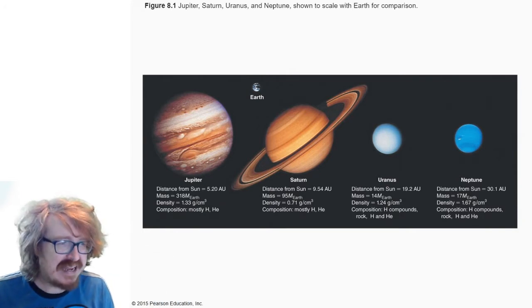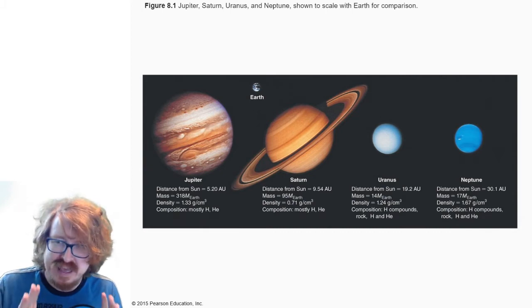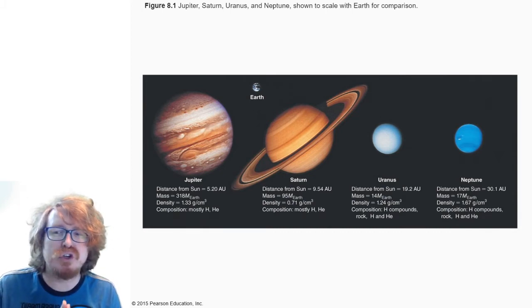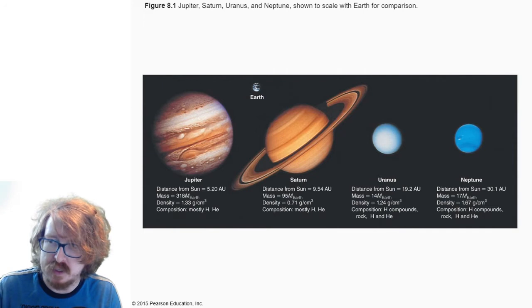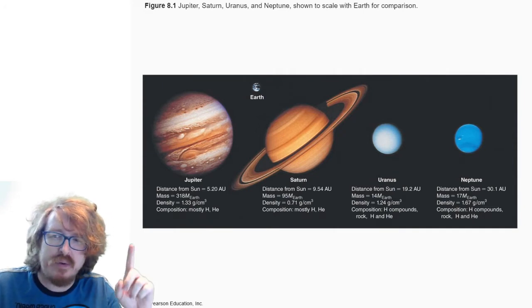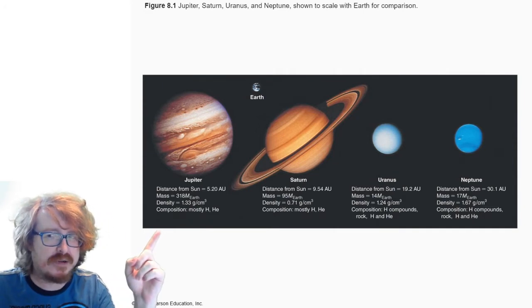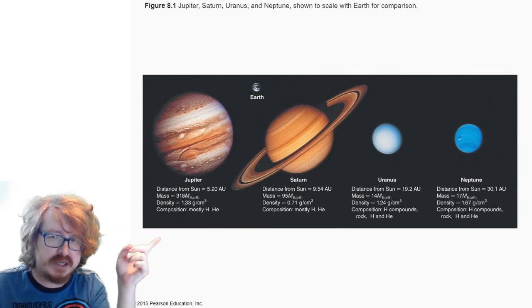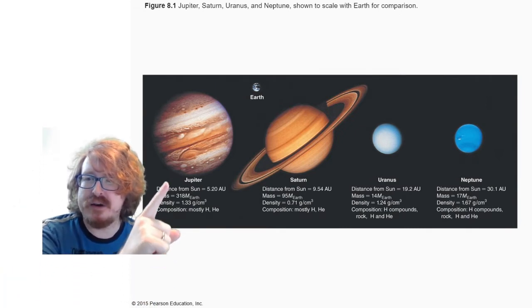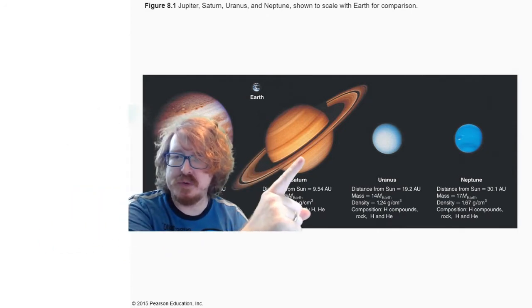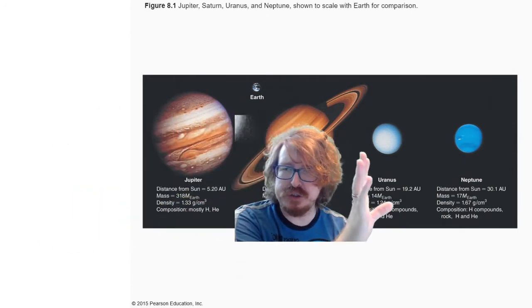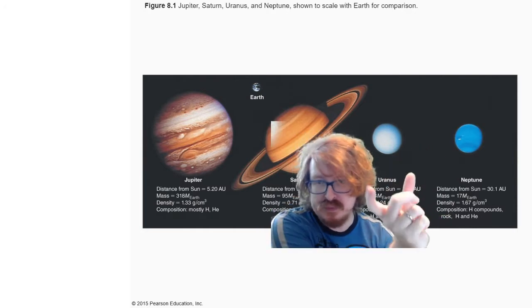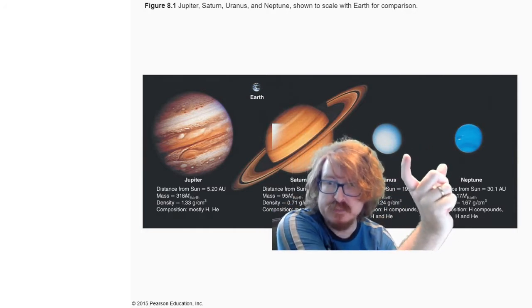Unless I say otherwise, everything I'm about to tell you applies to both planets. Okay? And you can see why we would talk about Jupiter and Saturn together. Next time we're going to talk about Uranus and Neptune together, because Jupiter and Saturn look much more similar to each other than they do to these 2 planets.